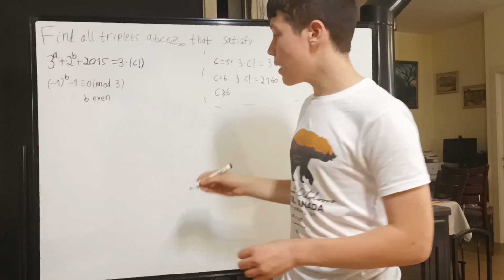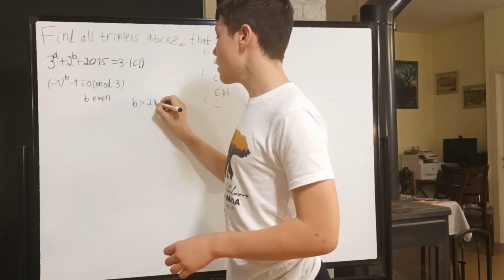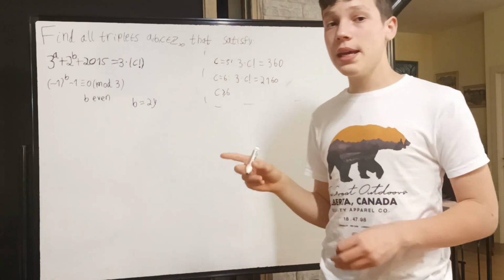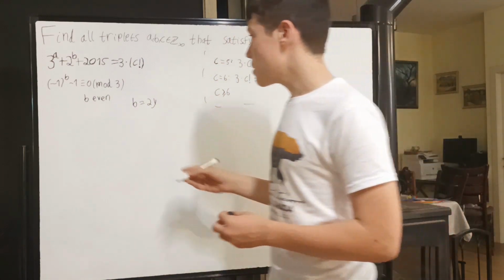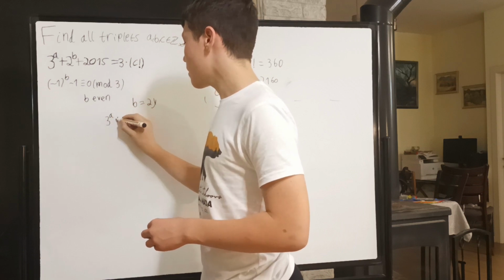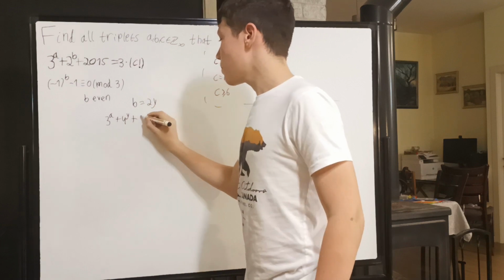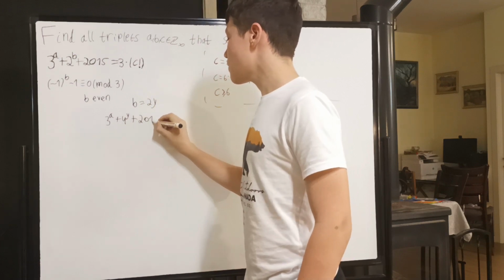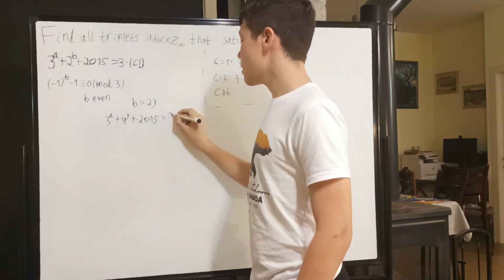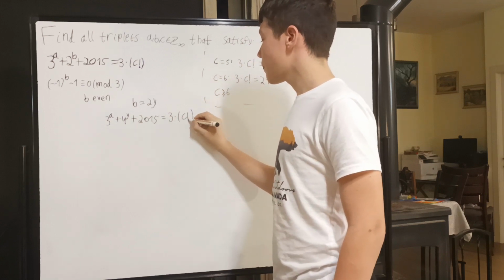If B is even, I can set B to equal 2 times y, and y will still be a positive integer. So now I have the following equation: 3 to the A plus 4 to the y plus 2015 equals 3 times C factorial.